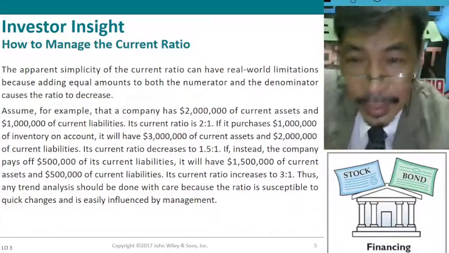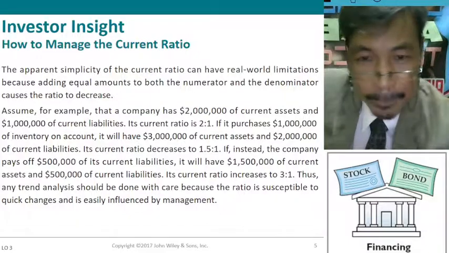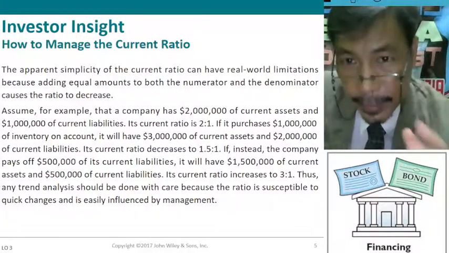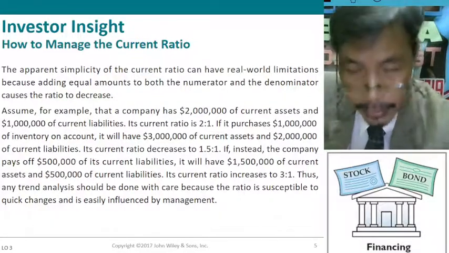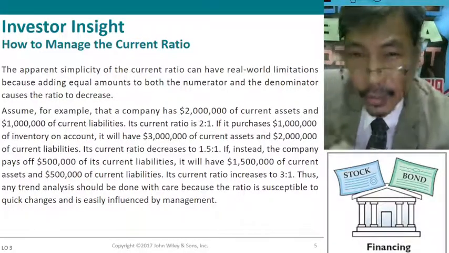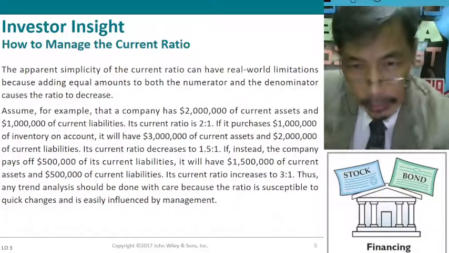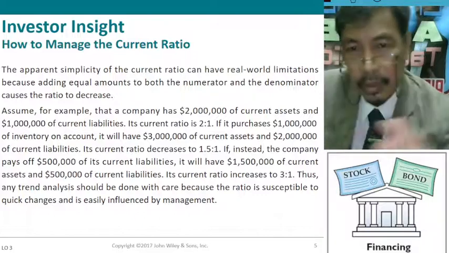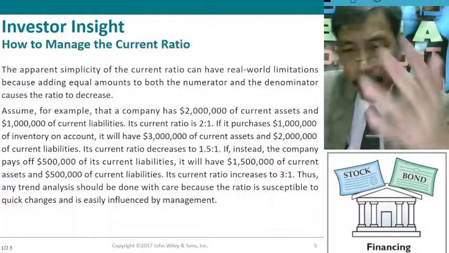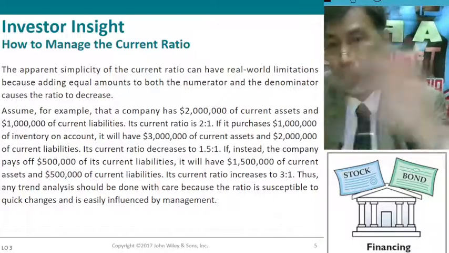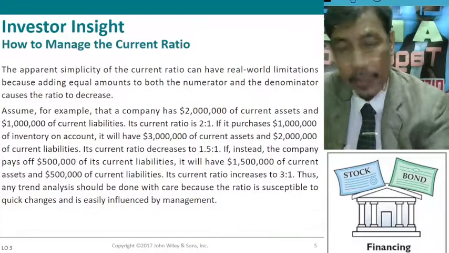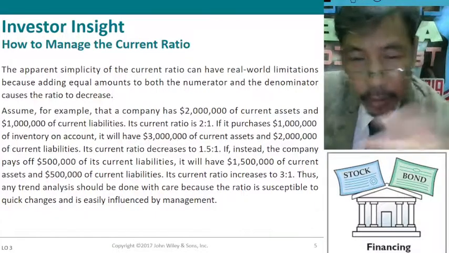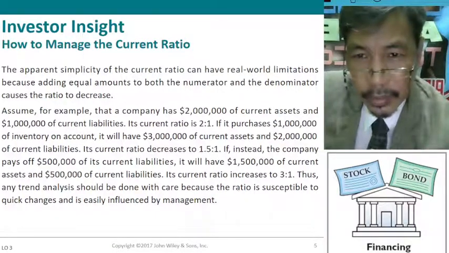What are they doing? They are not doing the normal operation. They are consciously manipulating the numbers. That is the wrong thing to do. That is actually the unethical thing to do. If the data is coming out from normal operation, the previous tradition of the company, there is no manipulation and control by the management of the numbers.